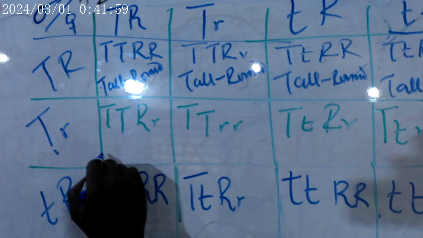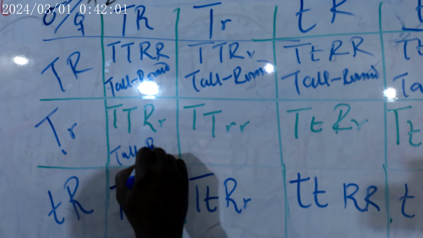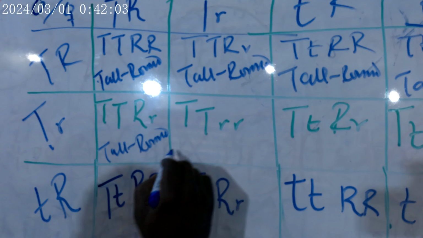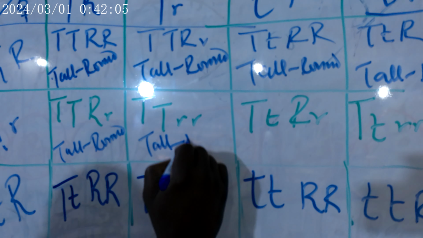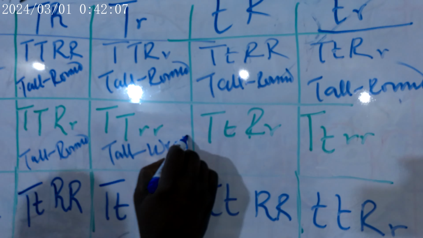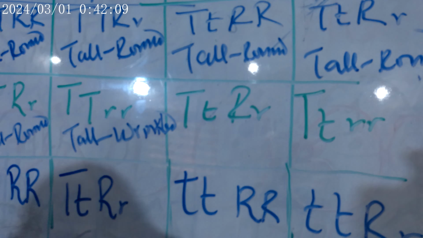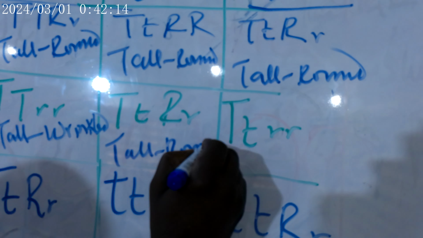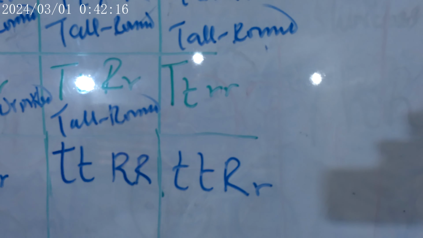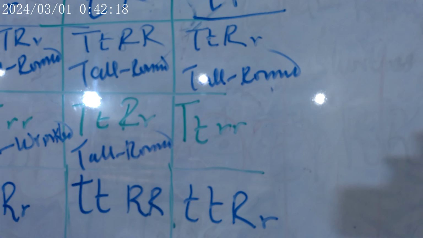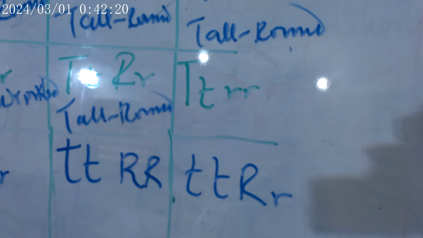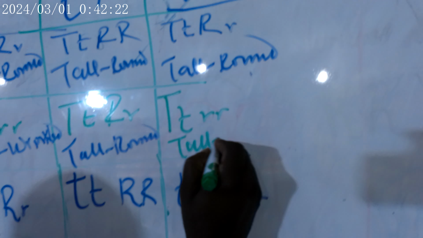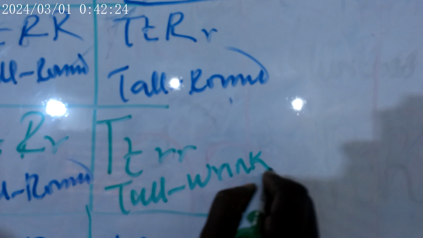This is also going to be tall, round, tall, wrinkled. This is going to be tall, round, tall, round. The last one in that column is going to be tall, wrinkled.